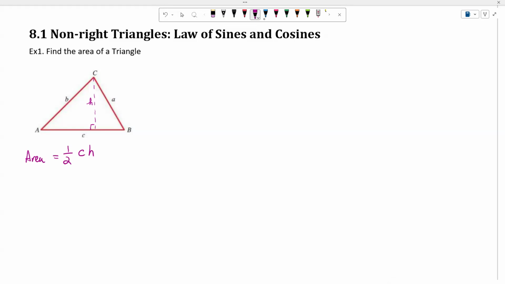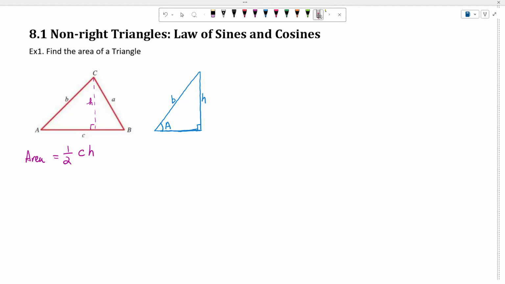And now let us try to look at this triangle right here. So in this triangle, we have the height is H, and this angle right here is the angle A, and then we also have the angle B. Now, in this triangle, we will not be able to write this side right here because we don't know what it is.